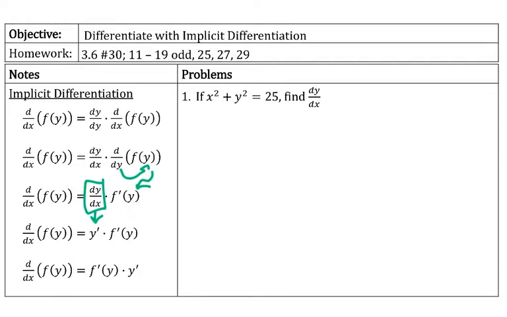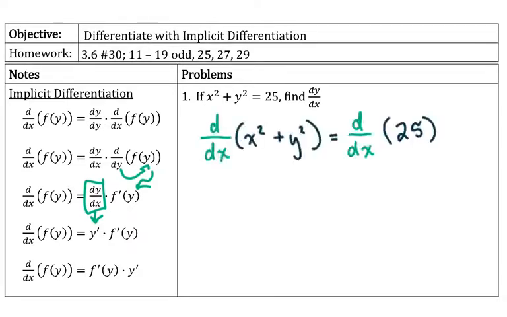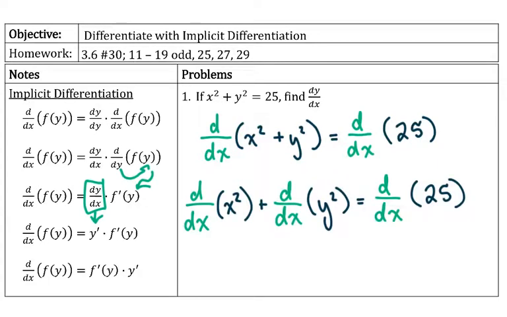So if x squared plus y squared equals 25, find dy/dx. So what we're going to do is take the derivative d/dx of both sides of the equation. Just following our basic rules, if we treat the equations the same on both sides, it's just fine. Now, since we have two added terms, we can split those apart even farther because we're allowed to differentiate terms separately.